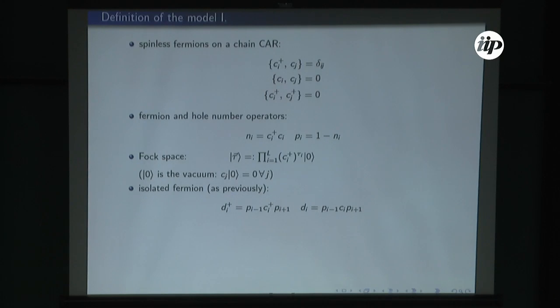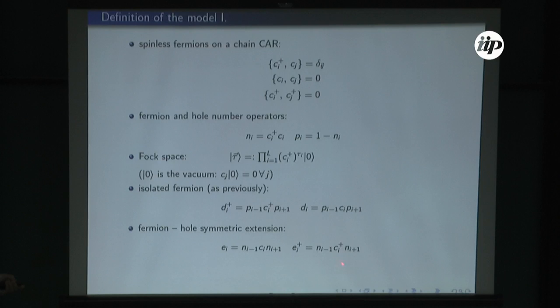And to make it fermion-wall symmetric, we introduce another operator, which is the counterpart of this operator. We call it e. So it generates a wall at site i, given that at sites i minus 1 and i plus 1 there are no walls, so there are two fermions.